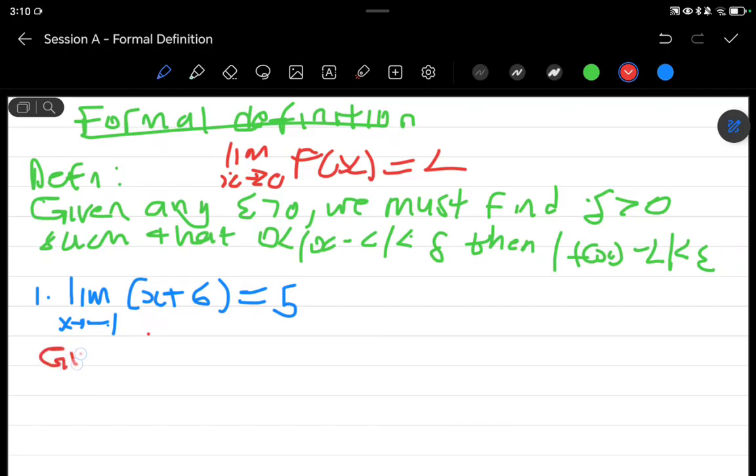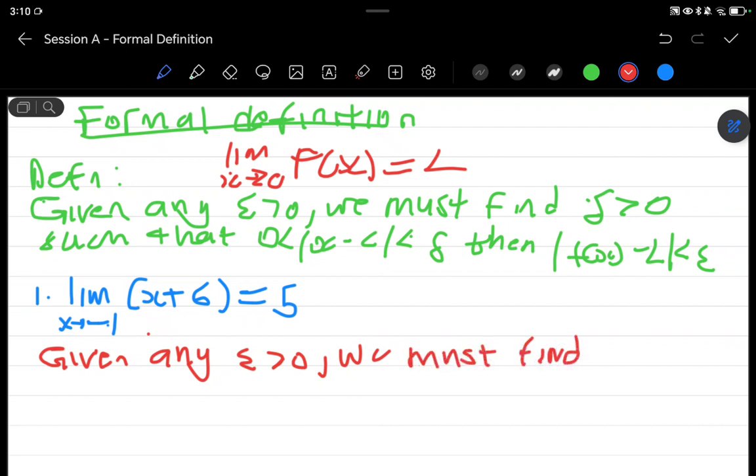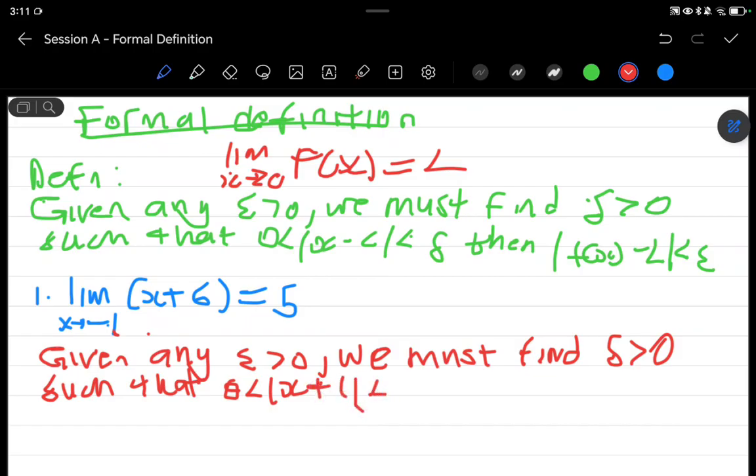Then every time we should write this definition: given any epsilon greater than 0, we must find delta greater than 0, such that the absolute value of x, if I take 1 to the other side, I'll get plus 1, is less than delta.